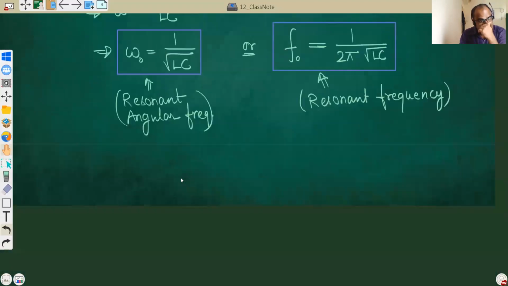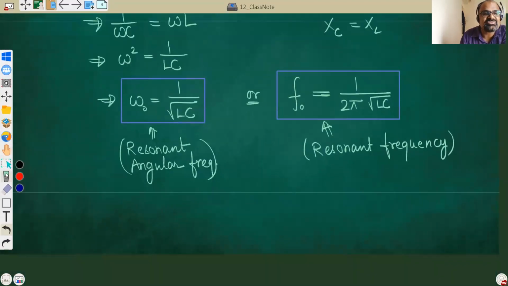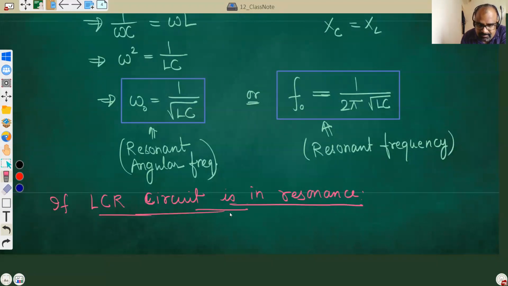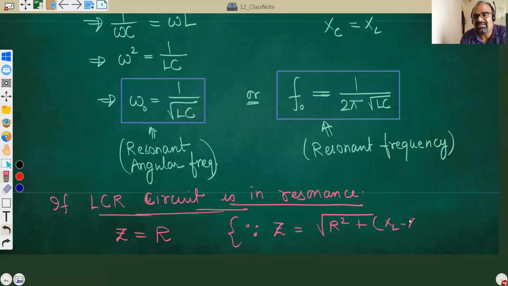One more thing, one last thing. If LCR circuit is in resonance, then what happens to the impedance? Then impedance is simply R. This is because, in general, impedance is root over R square plus XL minus XC whole square.